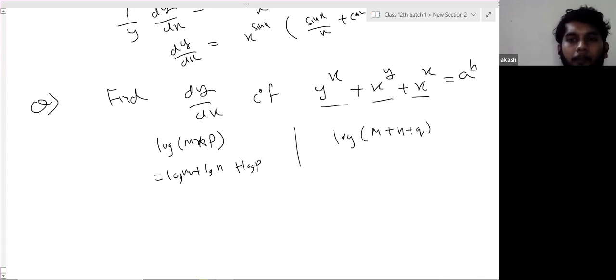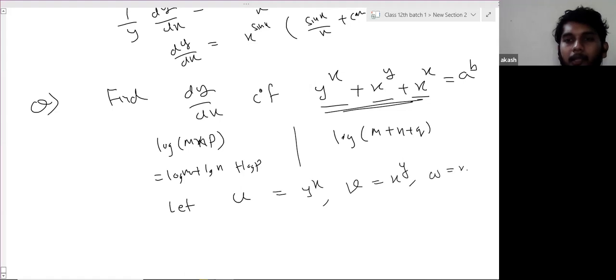We cannot do anything. So what to do here? Let u equals to y raised to the power x, v equals to x raised to the power y and w equals to x raised to the power x, and this question becomes u plus v plus w equals to a raised to the power b, and we have to differentiate this.